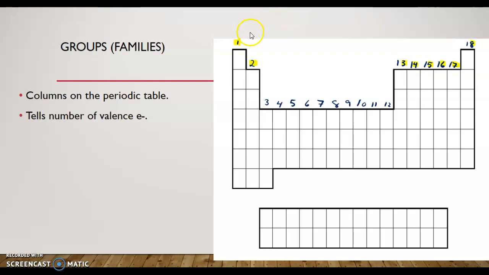That just tells you the number of valence electrons. So in group 1 we have 1 valence electron, group 2 we have 2 valence electrons, group 13 we have 3 valence electrons, then 4, 5, 6, 7, and 8, with the exception of helium up here, which will only ever have 2.